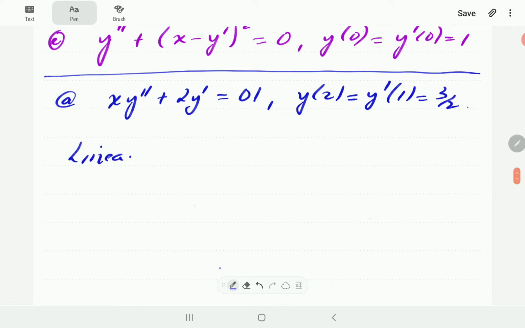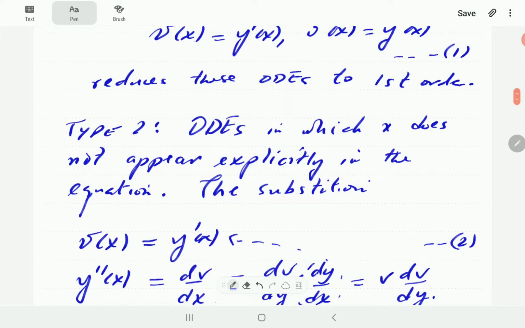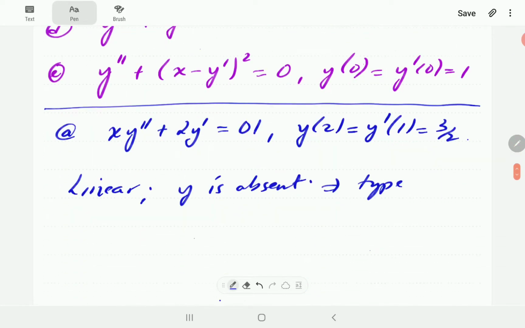So this equation is linear, and then we can see that the variable y is absent. So that means this equation is like type 1 from our notes above.